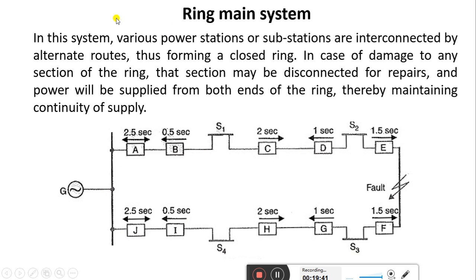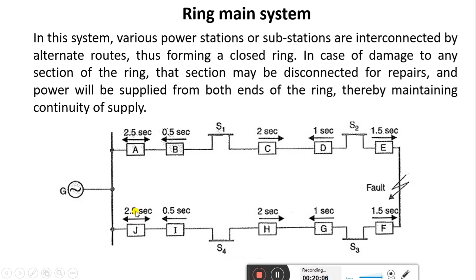So what we see here is that towards S1 and S2, the time settings of the relays are in decreasing order, that is 2.5 seconds, then 2 seconds, then 1.5 seconds. So the lowest time is 1.5 seconds, which has been given to relay A.